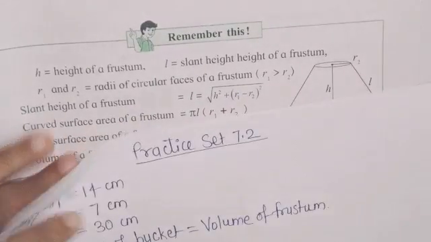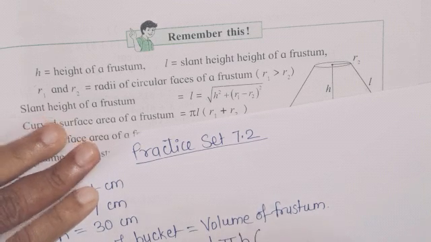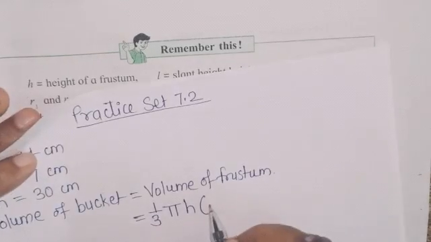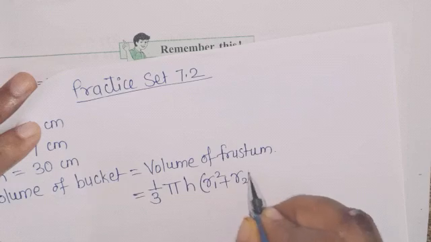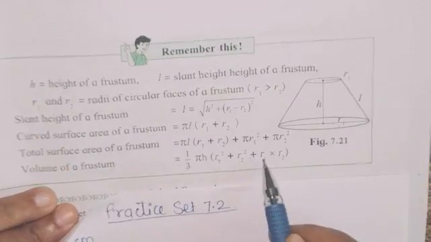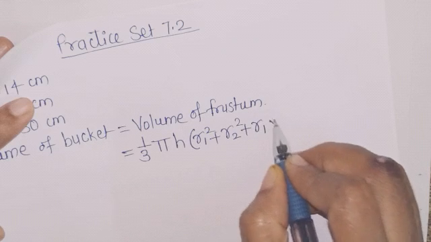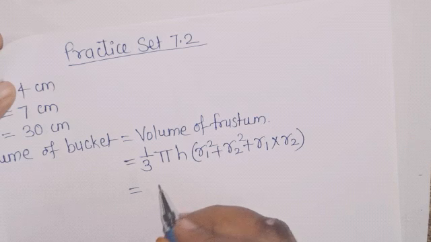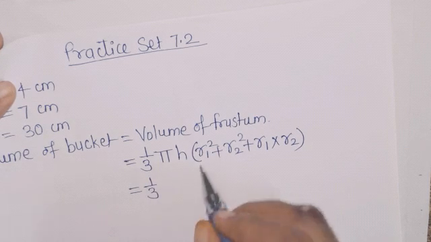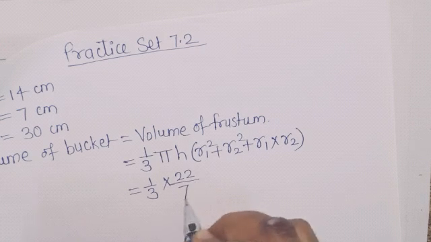The formula is 1/3 pi h into bracket R1 square plus R2 square plus R1 into R2. Now substitute values. 1/3, value of pi is equal to 22/7.